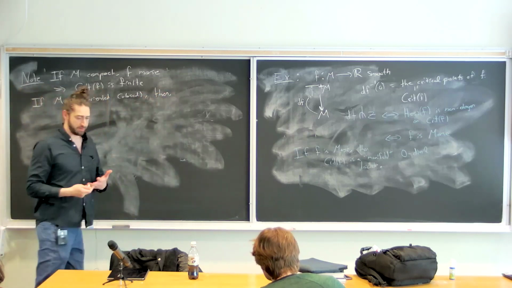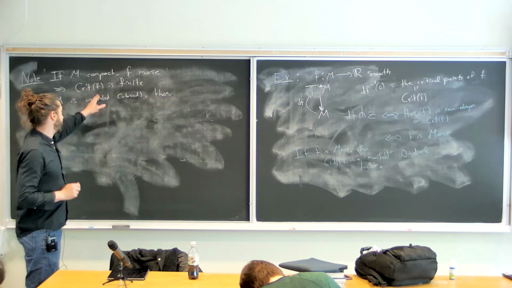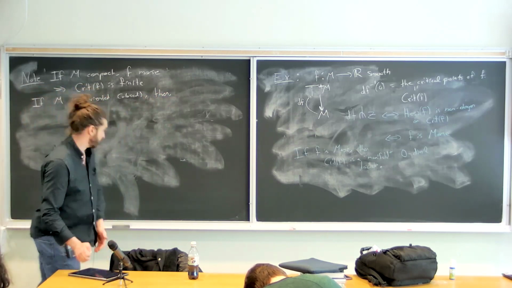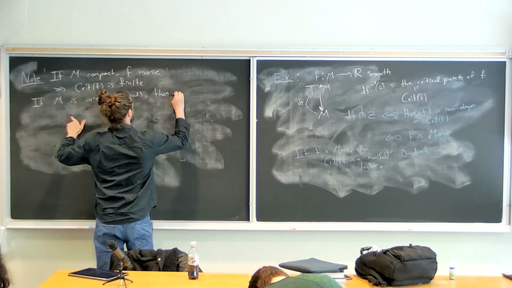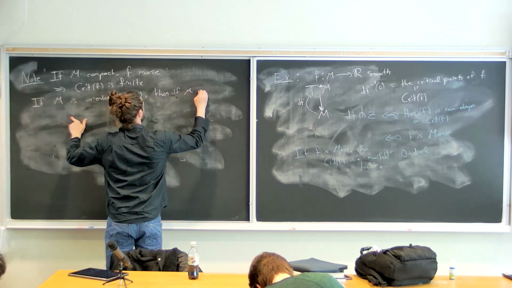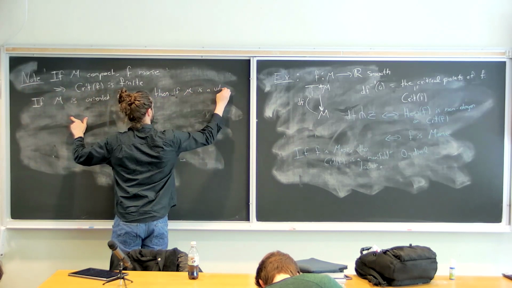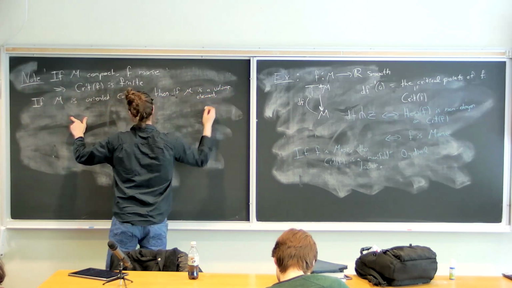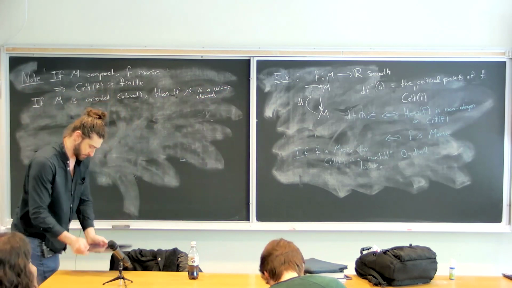Then we also have, in this case, something called the stationary phase approximation. So if mu is a volume element, okay, so we'll just write this.